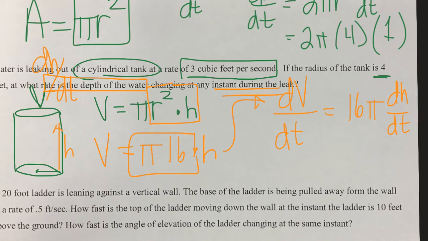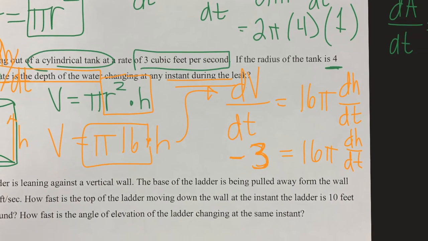We're told that it is leaking out at 3 cubic feet per second. If it's leaking out, the volume has to be decreasing, so this is a negative rate. If the water is leaking out, then we have less volume and the height is going down. So negative 3 equals 16 pi dh dt.